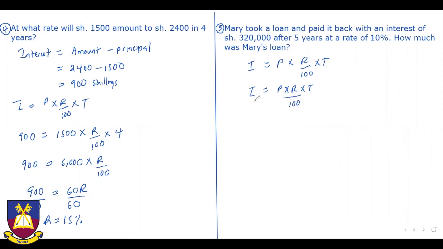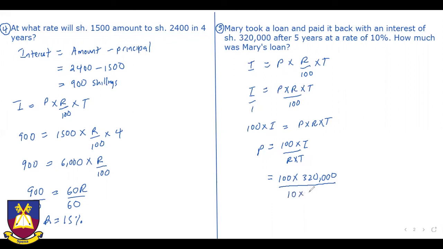And when we cross multiply, we shall have 100 times I is equal to P times R times T. When we make P the subject, it will be 100 times I divided by R times T. So we can substitute 100 times the interest, 320,000, out of the rate, 10%, times the time, which is 5 years.